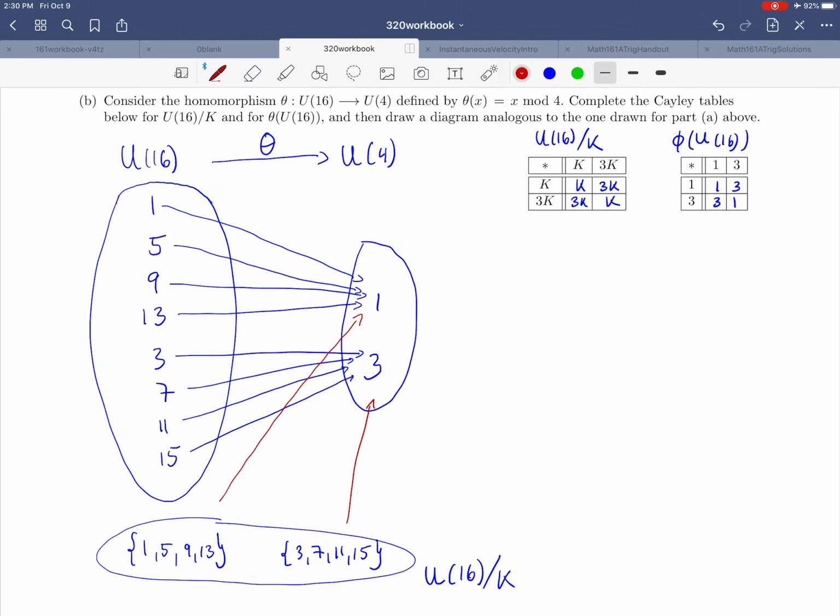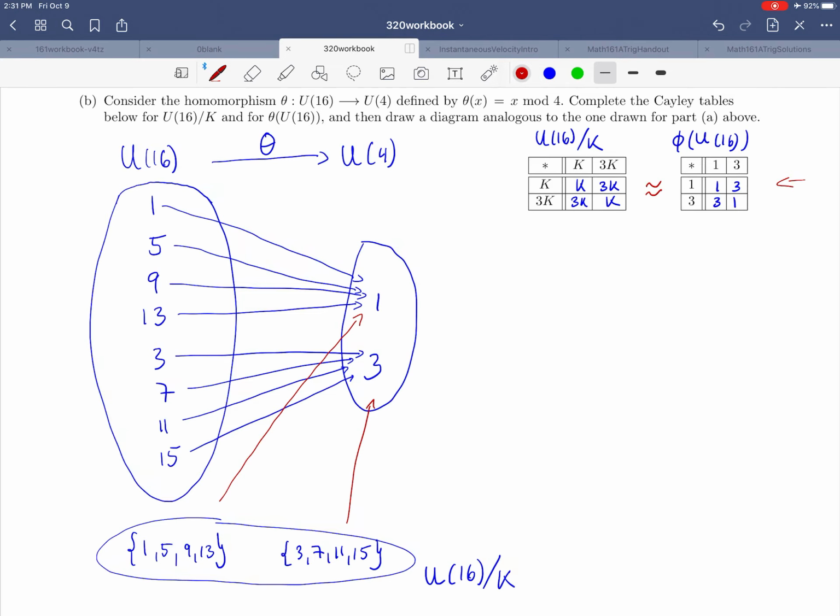And the Cayley tables are over here on the right. They look identical, right? I mean, not identical, but they again show the relationship between our factor group U16 mod K and our homomorphic image theta of U16.